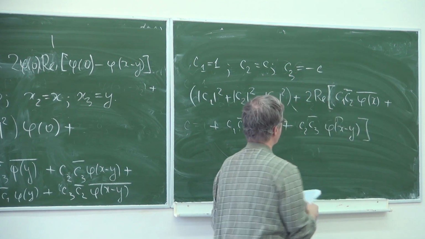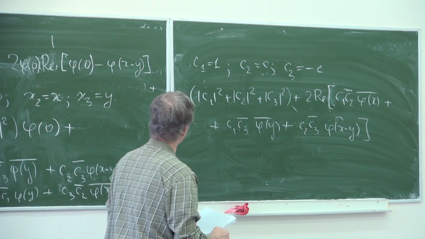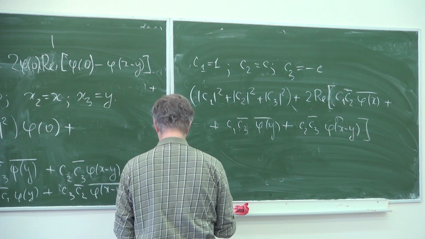So when I put the real part, in principle, I can put bar of each term if I want. So, okay, and then I choose these values of the constants.